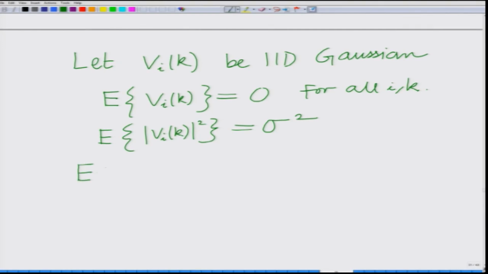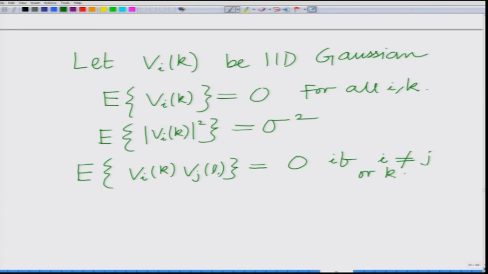They are independent, therefore expected value of V_ik times V_jl equals 0 if i not equal to j or k not equal to l. So, the noise samples are IID Gaussian, zero mean, with variance sigma square each, and the correlation between any two noise samples corresponding to distinct receive antennas, or distinct time instants, or both, is 0.